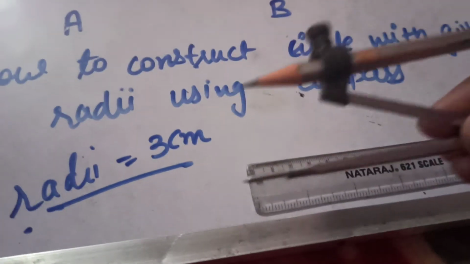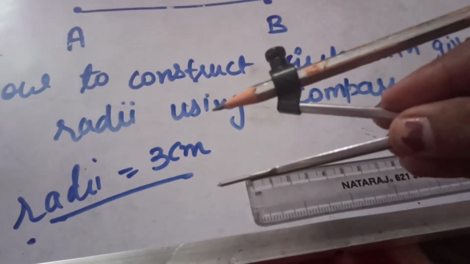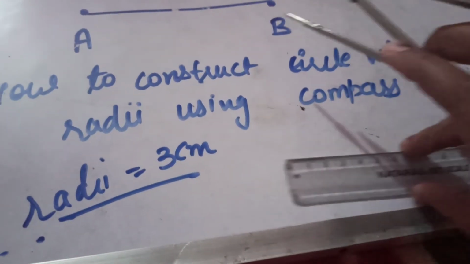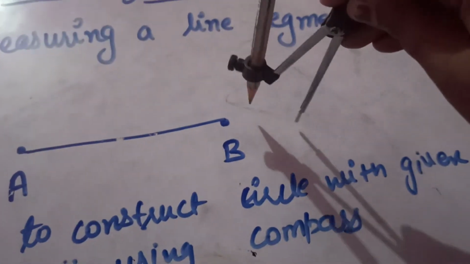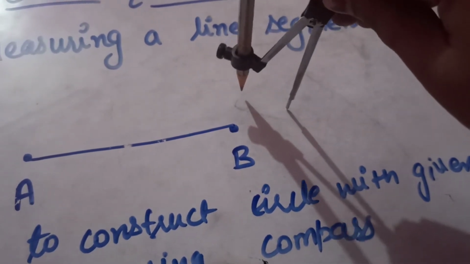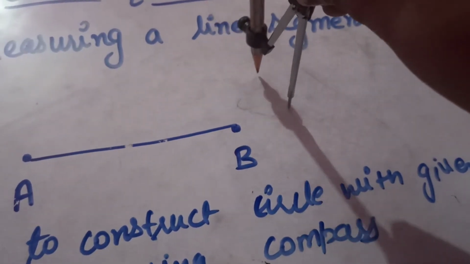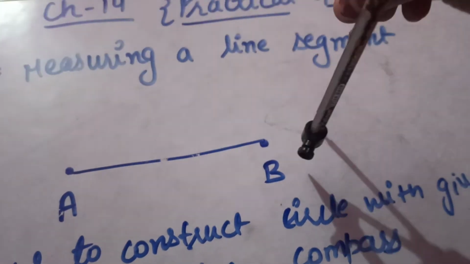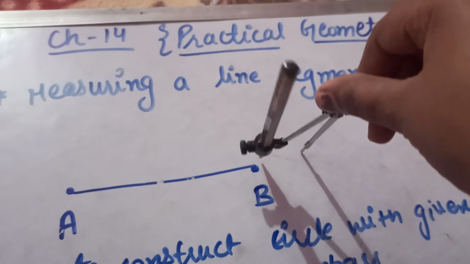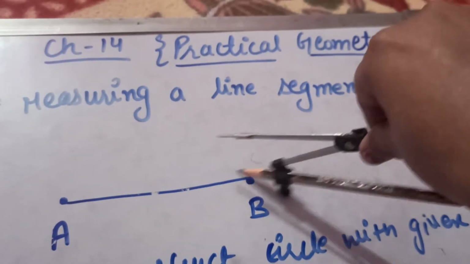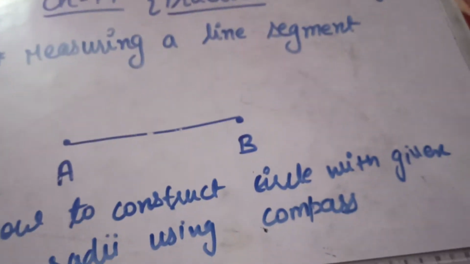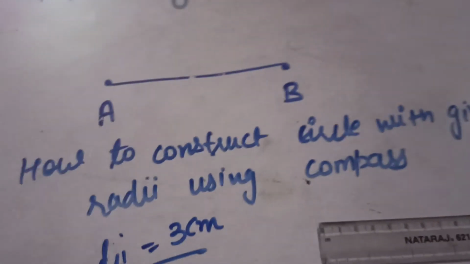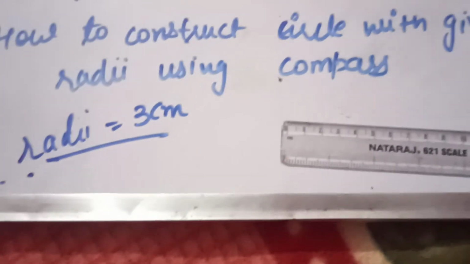Now don't press it, leave it as it is, and then when you draw, take a paper. This is a board, so it will not be seen properly. Just rotate like this with a very slow hand. Slowly rotate it and it will make the circle, right? So now you are clear how to draw the circle with the given radius.